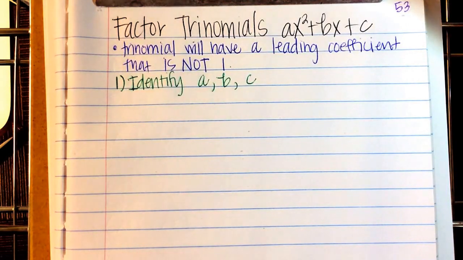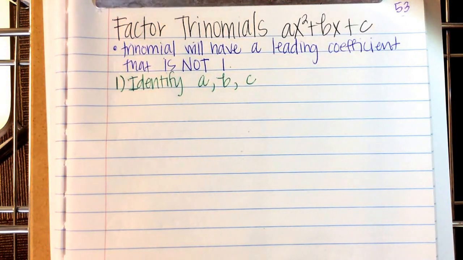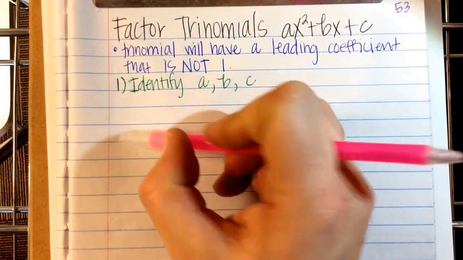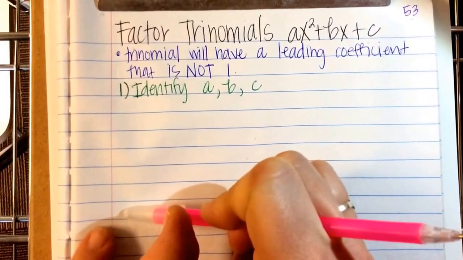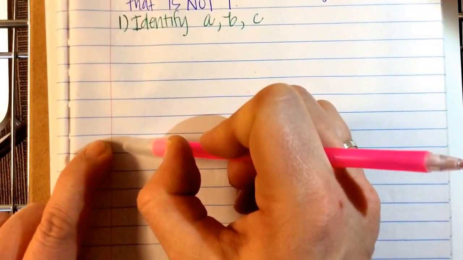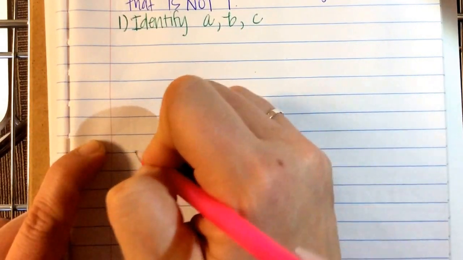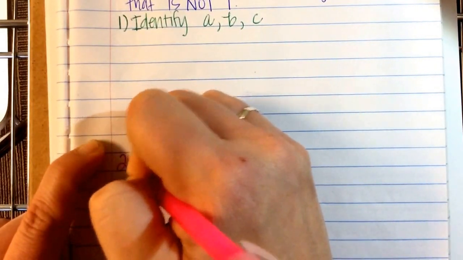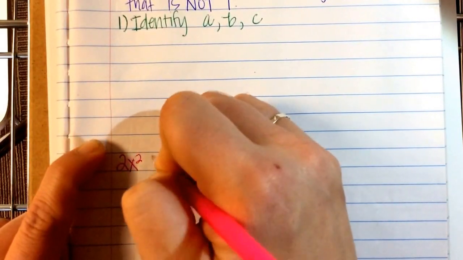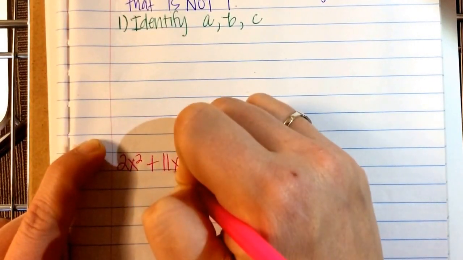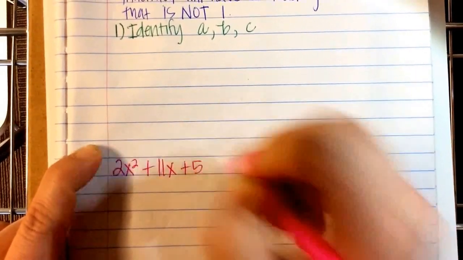So let's skip, let's see, 1, 2, 3, 4, 5, 6, 7 lines. And let's write down our first example. 2x squared plus 11x plus 5.